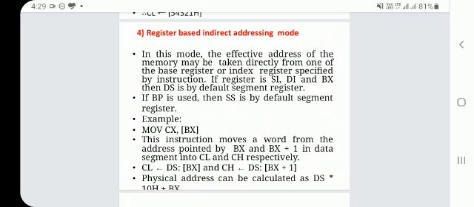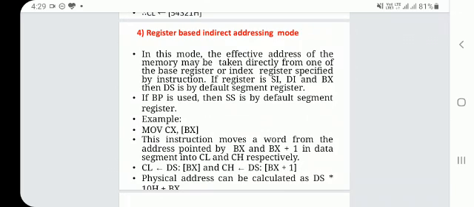If the base pointer is used, then the stack segment is the default segment register. For example, MOV CX, [BX]. This instruction moves a word from the address pointed by BX and BX plus 1 in the data segment into count registers CL and CH respectively.